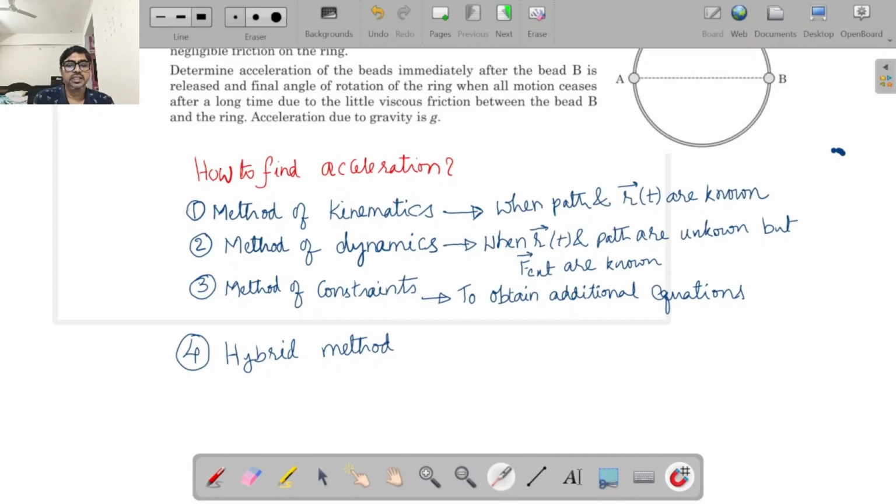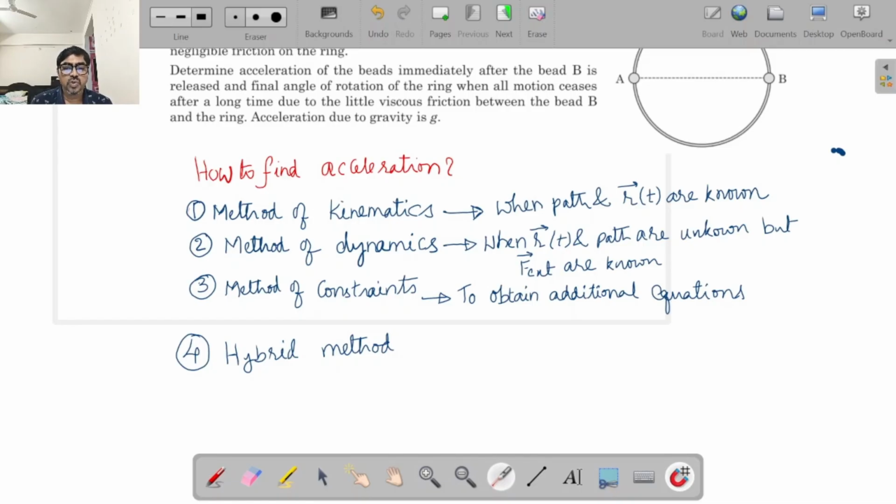The next method is when the position and path information are not known to you, but external forces are given. Then you can apply Newton's laws of translation and rotation to find the accelerations. That is called the method of dynamics. So you can find acceleration either from forces or from positions and velocities.